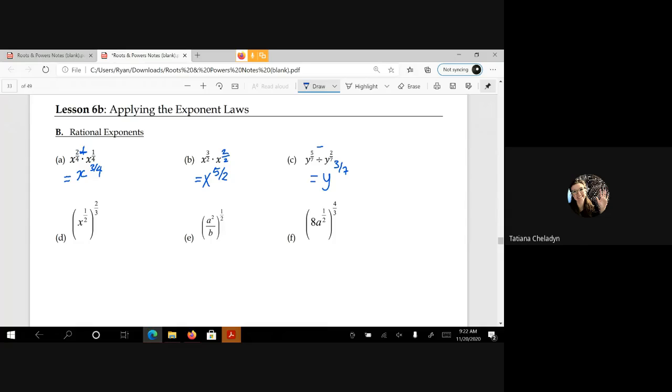Okay, so remember we're going to multiply. So what that looks like is we'll do x, and when we multiply fractions, it'd be 1 times 2. So we multiply the numerator, and then we multiply the denominator, 2 times 3. So we have 2/6. And then we can simplify that, of course, to x to the 1/3.